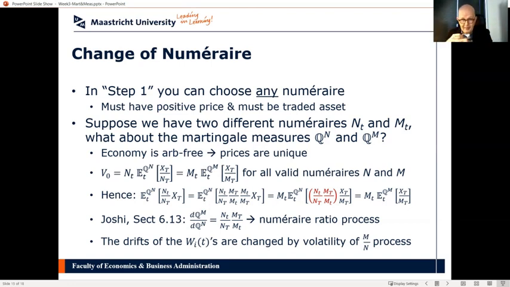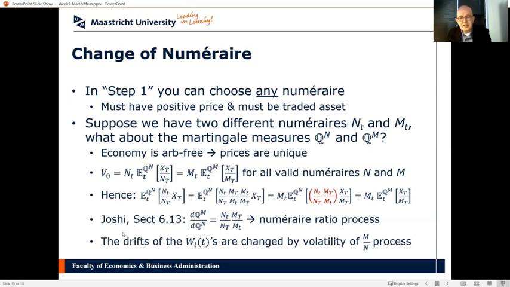By constructing these different probability measures in this way, I am guaranteed that if I choose a different numeraire, then I must adjust my martingale measure. So this is why this superscript is really important, because each different choice of numeraire implies a different choice of the martingale measure. This kind of double correspondence guarantees that the prices that I compute are always correct, no matter what numeraire I choose.